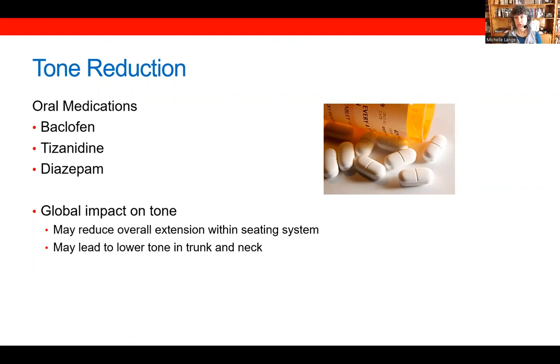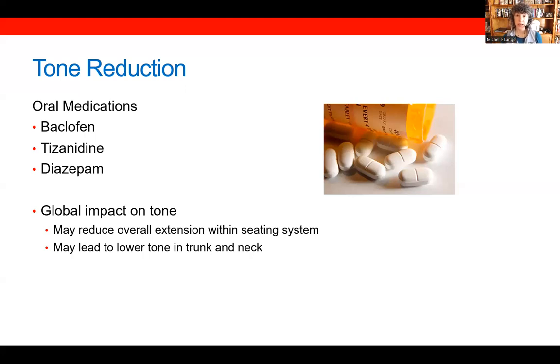In the seating system, we might see a reduction of overall extension. But this can also lead to lower tone in the trunk and neck, particularly in those clients that have a mixed presentation of low tone core, high tone extremities. We may also see an increase in secretions.